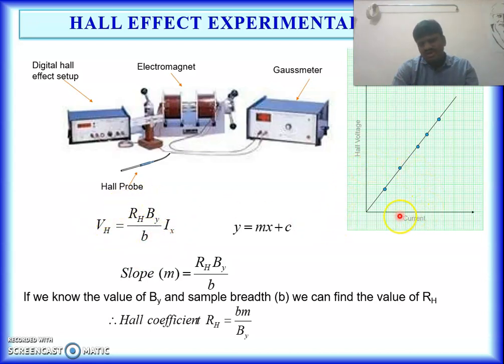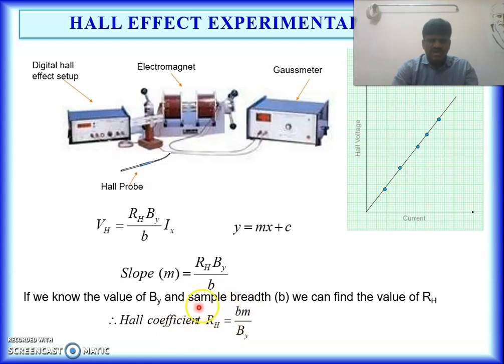So here we have given the graph of applied current Ix and measured Hall voltage VH. This slope is nothing but RH B by D from this equation. Therefore, we can find the RH value if you know the slope of the graph. The Hall coefficient RH is equal to m D by B.